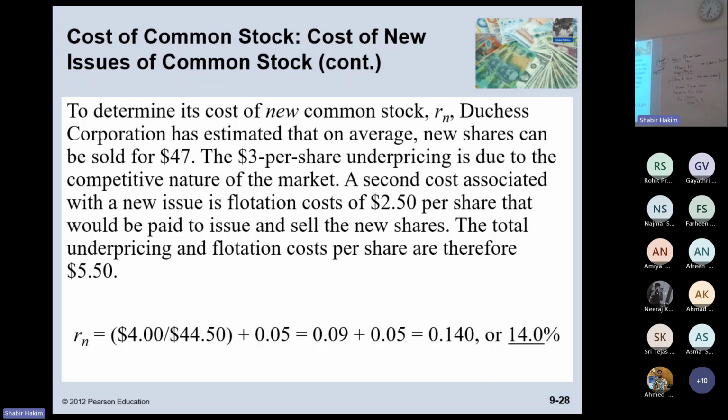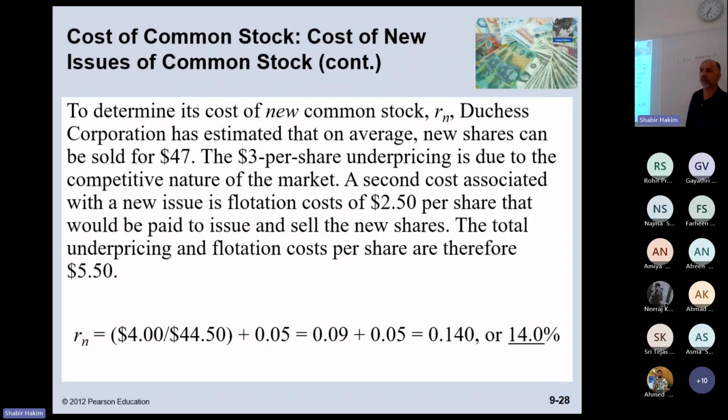So basically, think this way. We know the P0 on that side. Let's try to find the net proceeds for this company. The current market price per share is $50. Then we have underpricing for new shares of $3.